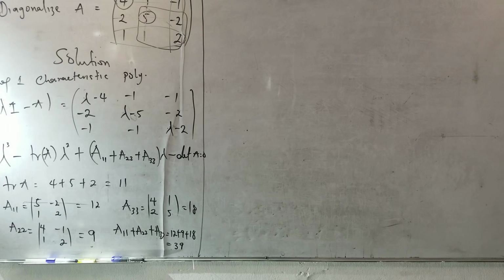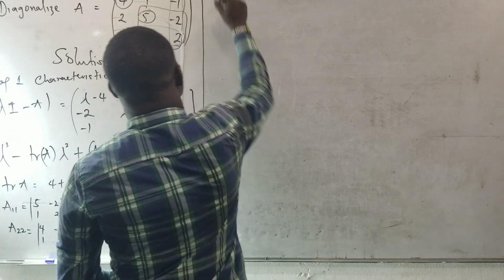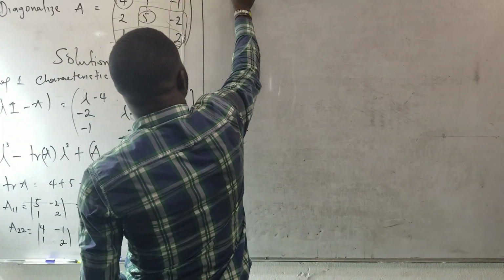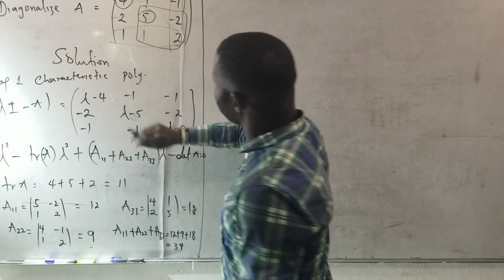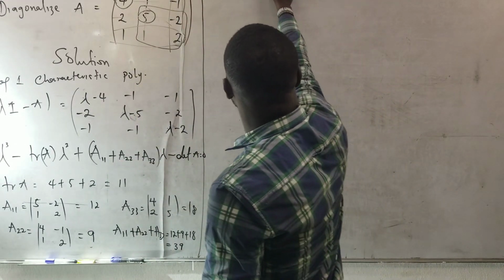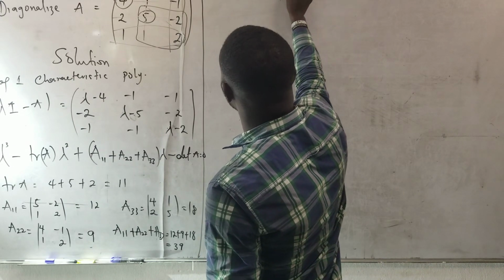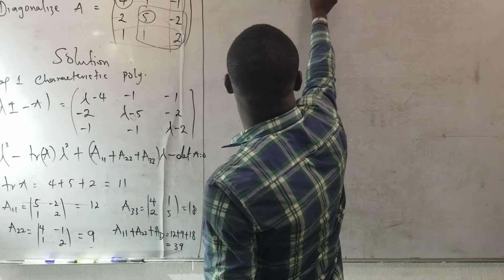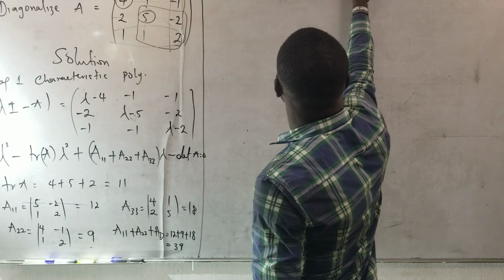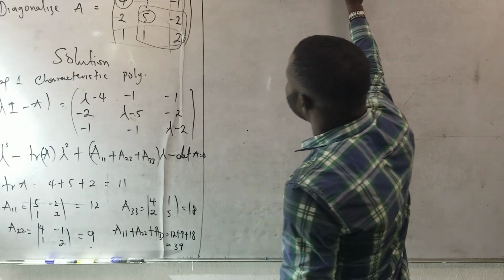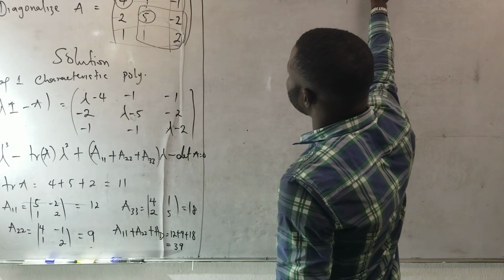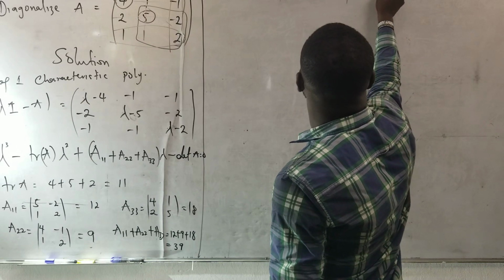Now, the last part of it is my determinant. The determinant of A will be equals to, how do I get my determinant? 4 into the bracket of 5, minus 2, 1 and 2, and then minus 1 into the bracket of what? I'm talking about 2, 1 and minus 2, 2.